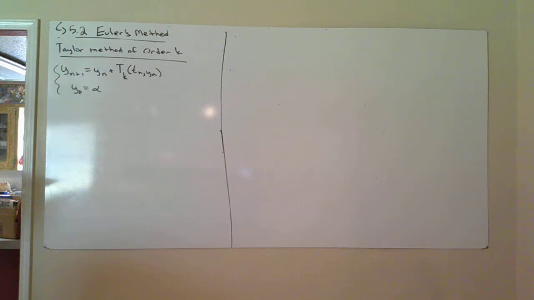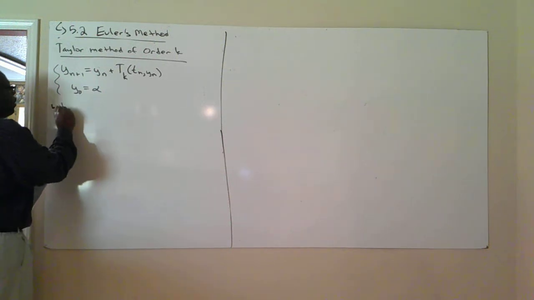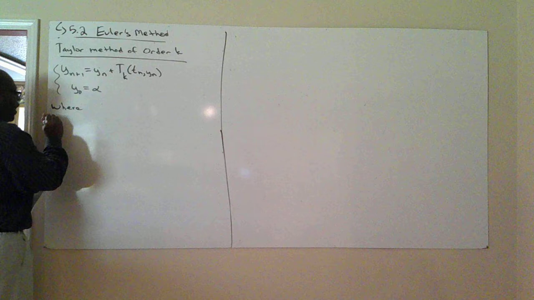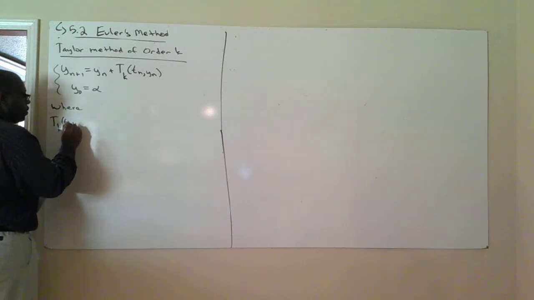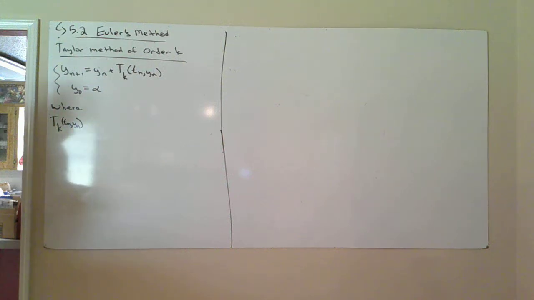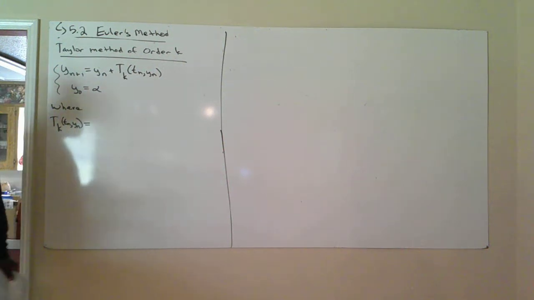And so what is T sub k? Let's talk about what T sub k of t sub n, y sub n is going to be equal to. Remember those terms of the Taylor series that we didn't include?